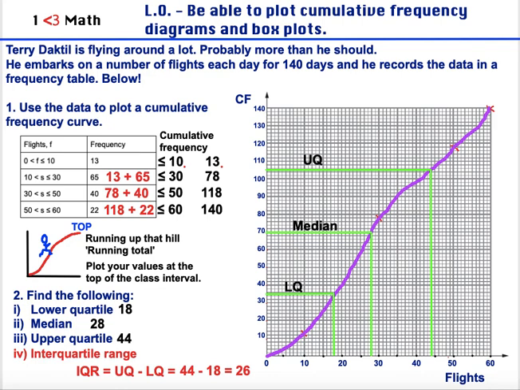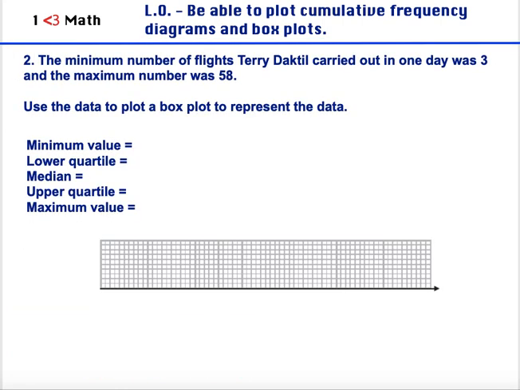So, now we're going to move forward onto the next part of the learning objective, which is to be able to plot box plots. And we're going to use this data that we've taken from the cumulative frequency curve. So, we're going to move on to the next page, and we're going to look at the minimum value, the lower quartile, the median, the upper quartile, and the maximum value to plot a box plot.